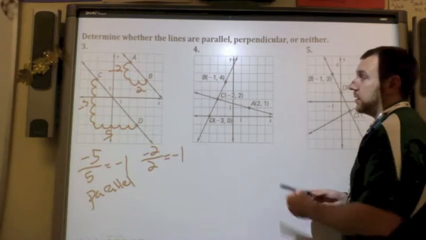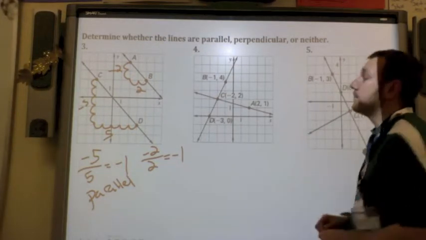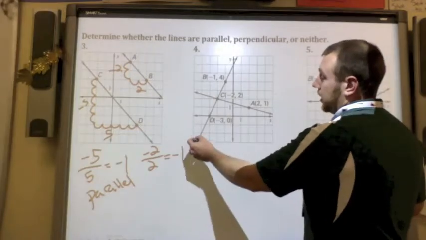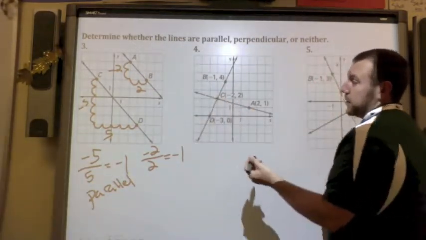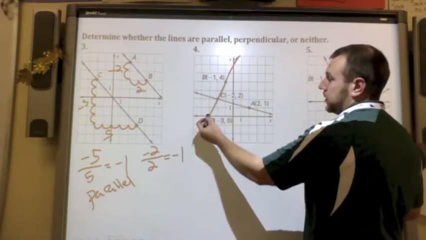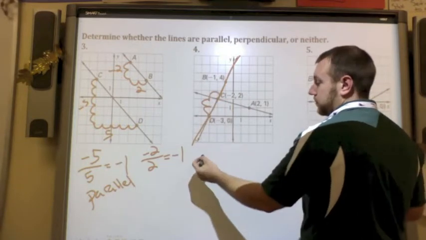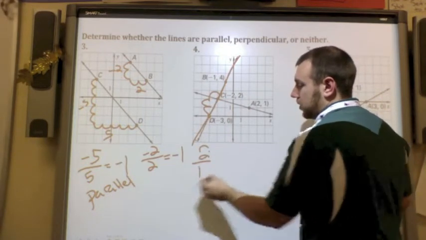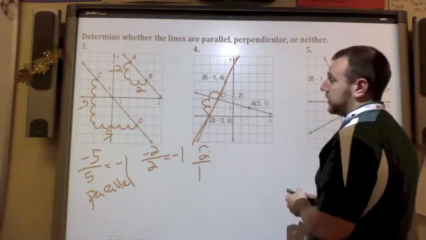Here, again, I'm dealing with these two lines here. Okay, so I'm going to do the slope of this orange line. So I'm going to go up 2 over 1. So that's the slope of BC.